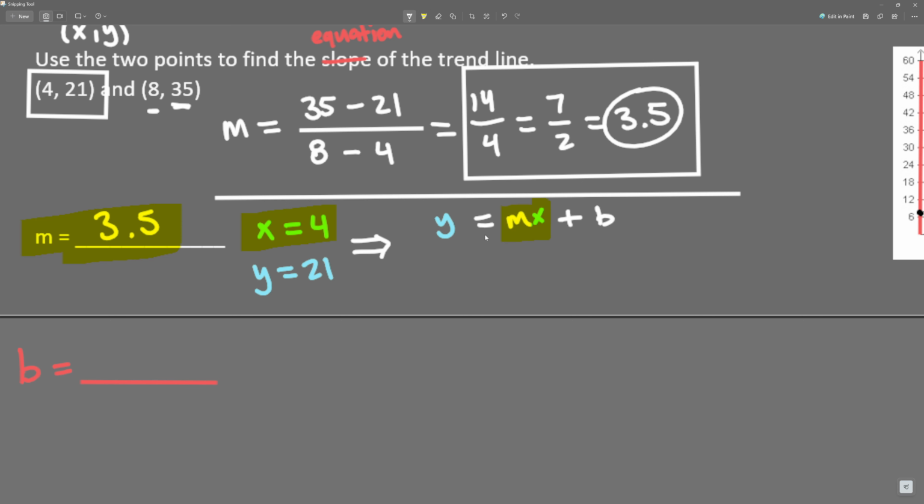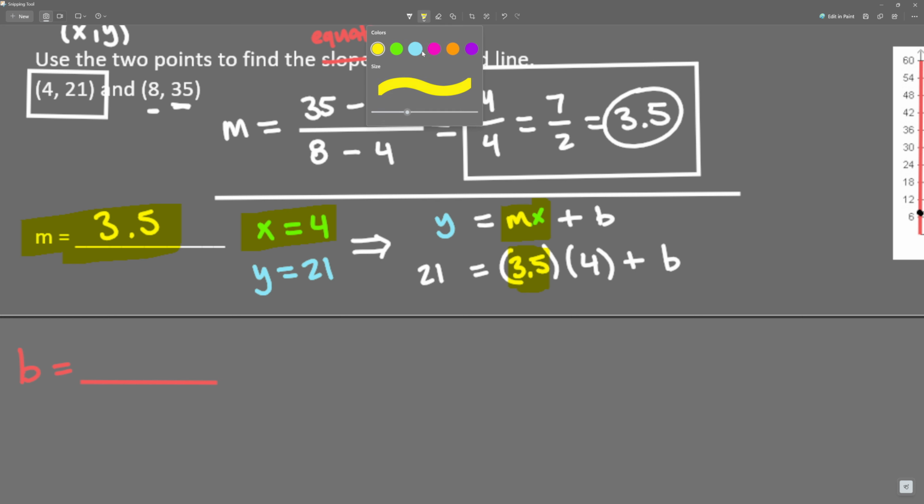So it turns out that our y is 21, our m is 3.5, and I'm going to put parentheses around that. Our x is 4, and we're saying plus b, which I'll do in a different color, this dark pink.